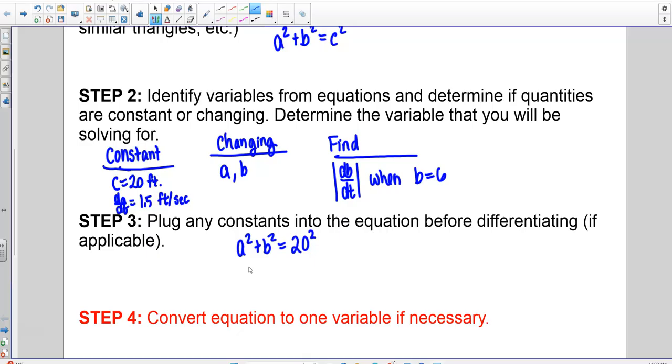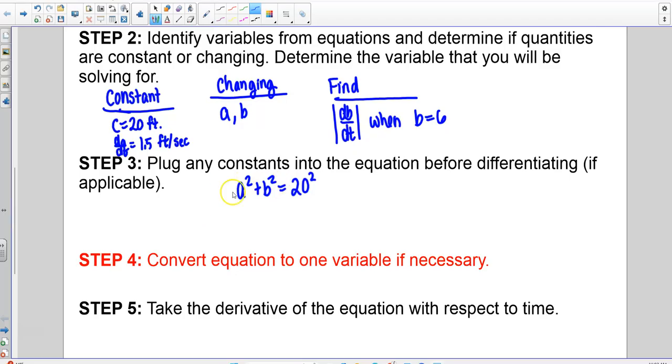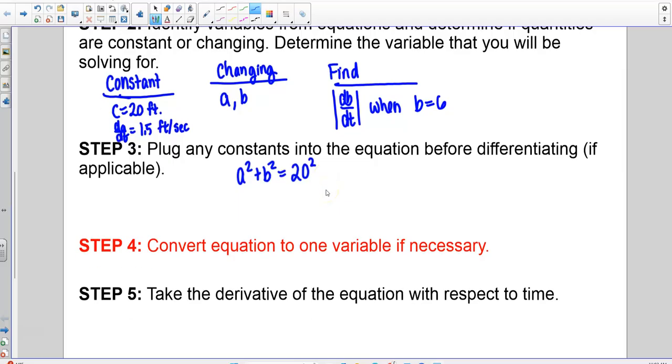I don't want more than two variables, because if I have more than two variables, when I take the derivative, then I've got a dA dt, a dB dt, and a dC dt, and I don't know all those pieces, right? So, in this case, we don't need to convert anything. If you wanted to, you can move the a squared to the other side. I'm not going to mess with that. I'm just going to leave it where it's at.